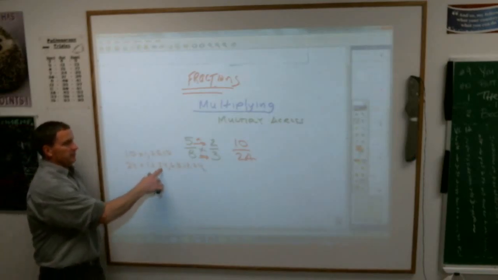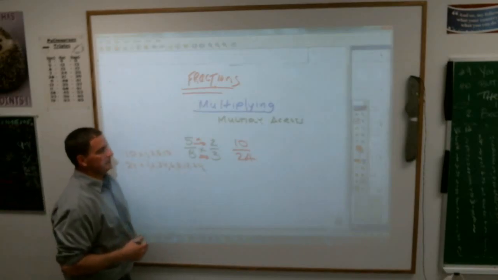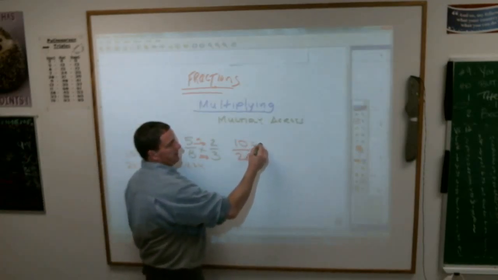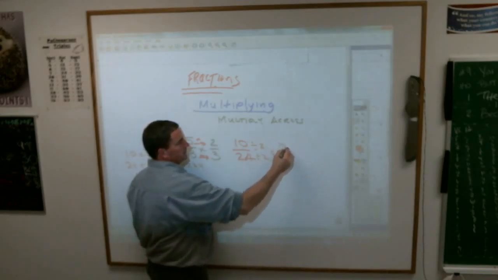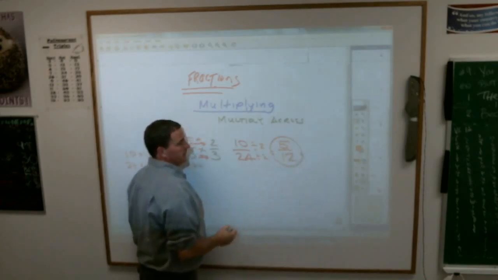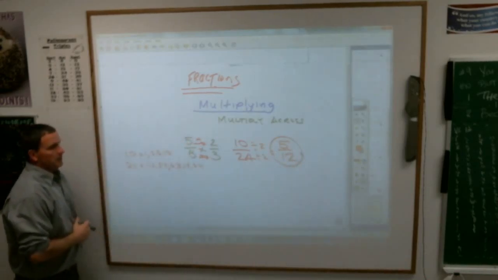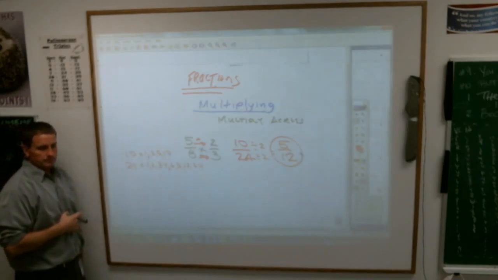Nope, there's no 5 in this one. They both have to have it. 2. 2, yes, cut them both in half. And if you divide them both by 2, you end up with 5/12. That is reduced.